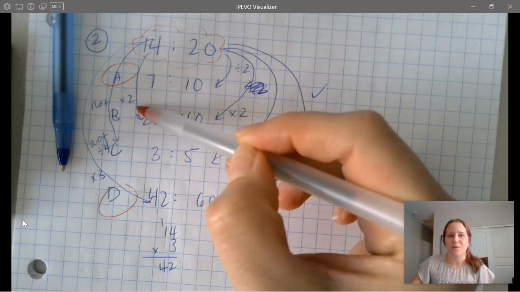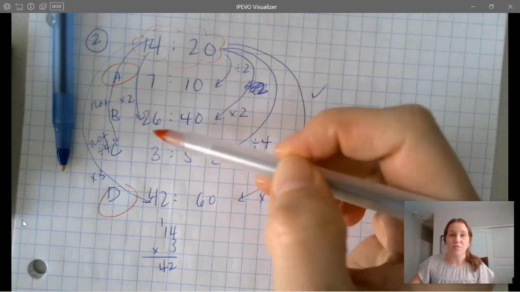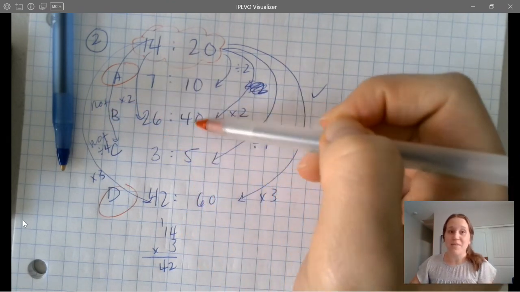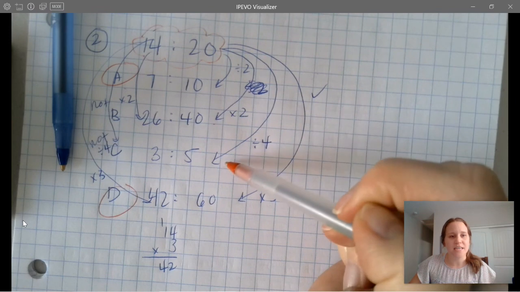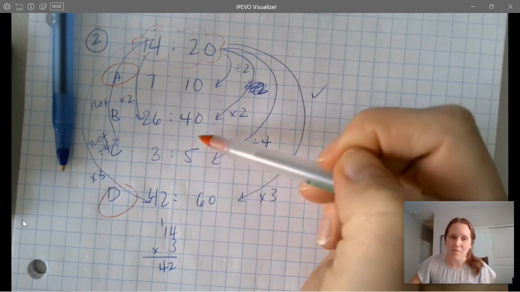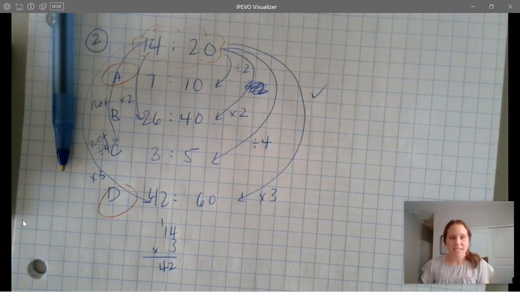So this relationship I wrote not times 2. I don't know what it is actually, and it doesn't really matter. As long as it's not the same as the other one, then I know it can't be equivalent. Same thing for C, divided by 4, but not divided by 4. And D, 14 times 3 is 42, and 20 times 3 is 60, so that is equivalent.